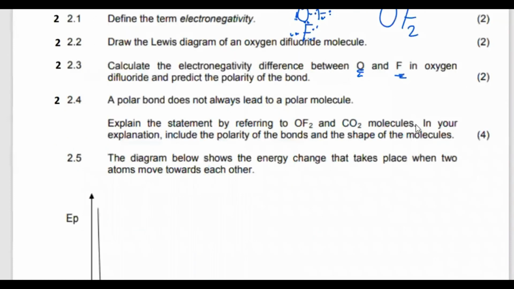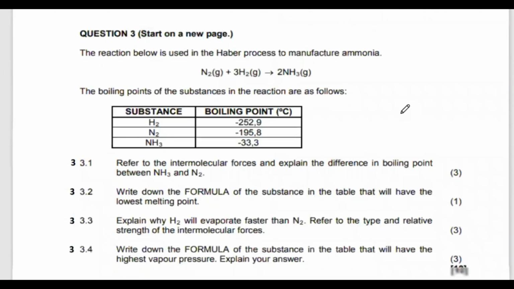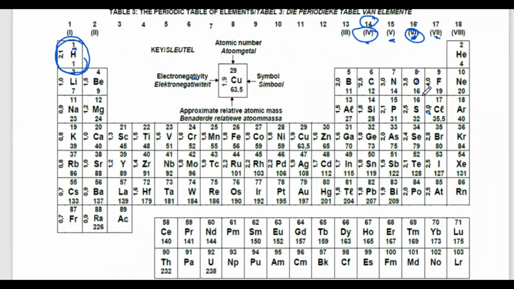So here the answer is going to be 4 minus 3.5, isn't it? Oxygen is 3.5, while fluorine is 4.